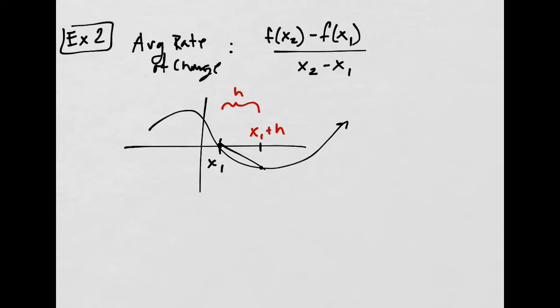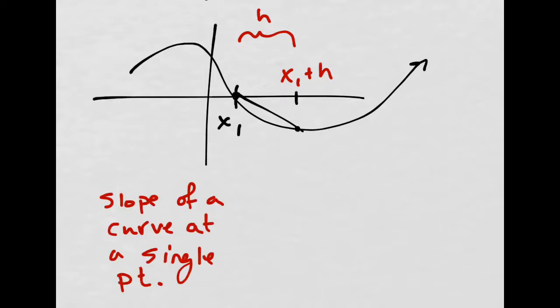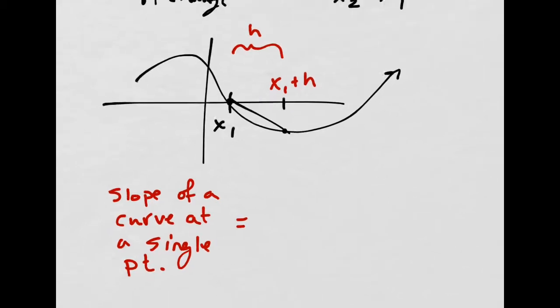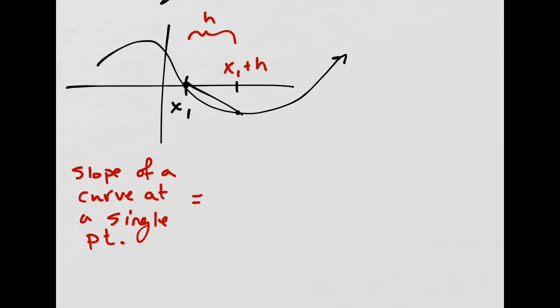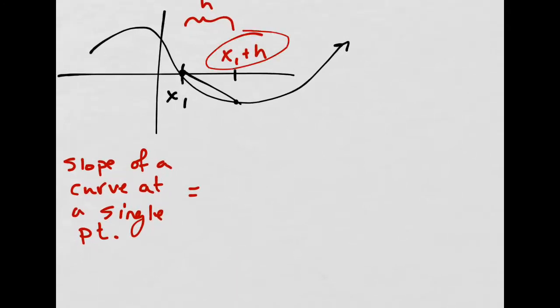If we want to find the slope at a single point, the slope of a curve at a point, then we can use this idea. This will be the slope of a curve at a single point, which is the tangent line. Let's write down the slope formula using x1 plus h.